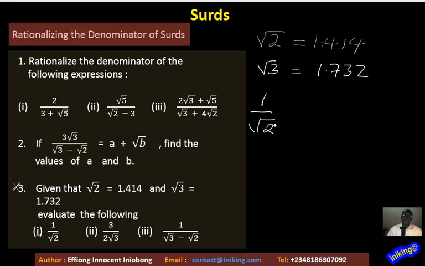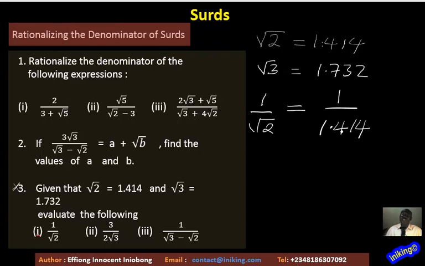Now take note that questions like this would also attach the condition that you should not use a mathematical calculator or any other form of mathematical table, which means just go ahead and solve it. The very great mistake you make is to do a direct substitution by saying, oh, root 2 has been given to me as 1.414.